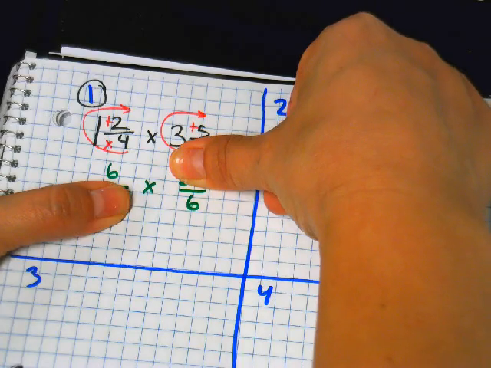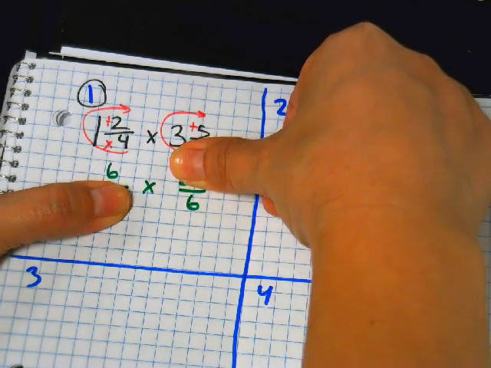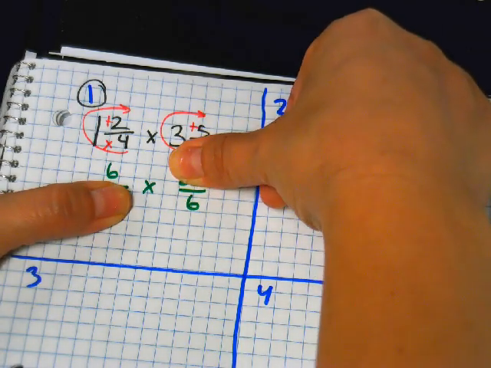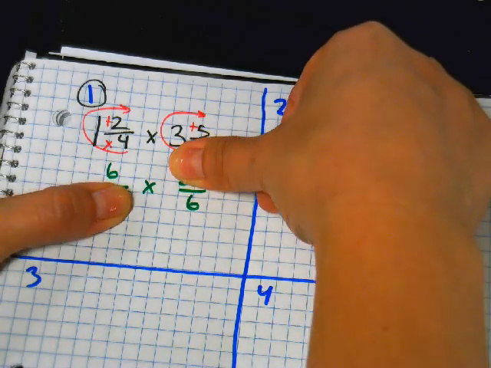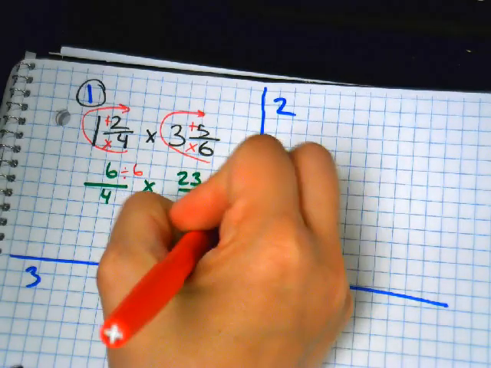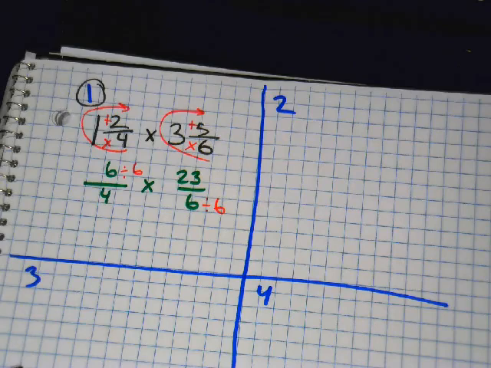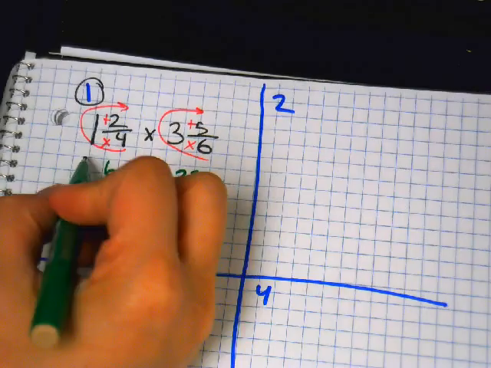So what can I divide 6 and 6 by? 3. No. 2. Could you use 2? Yes. Could you use 3? Yes. But the best number is 6. Okay. 6 divided by 6? 1.